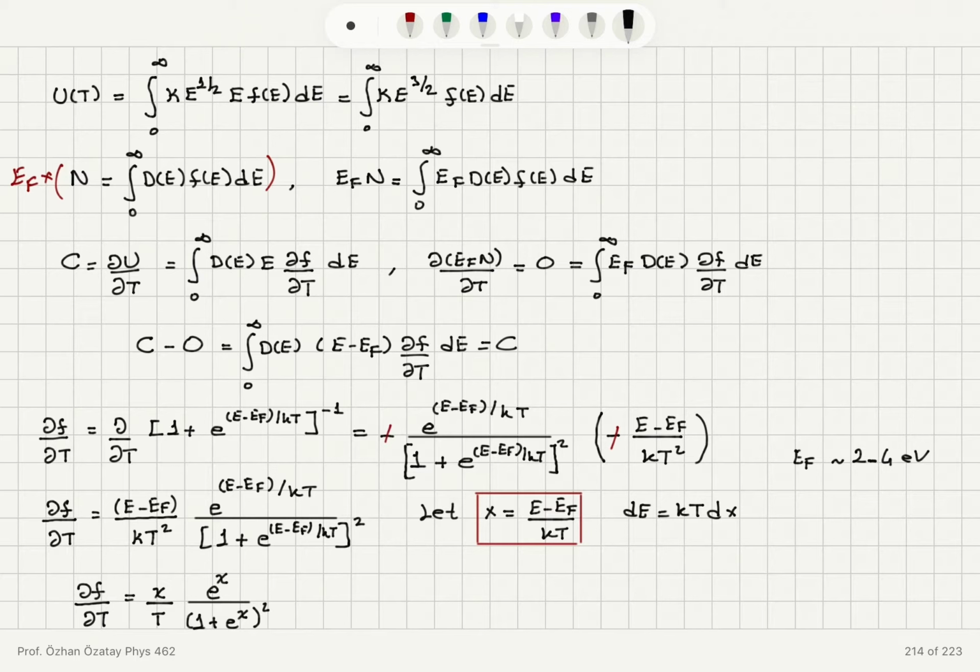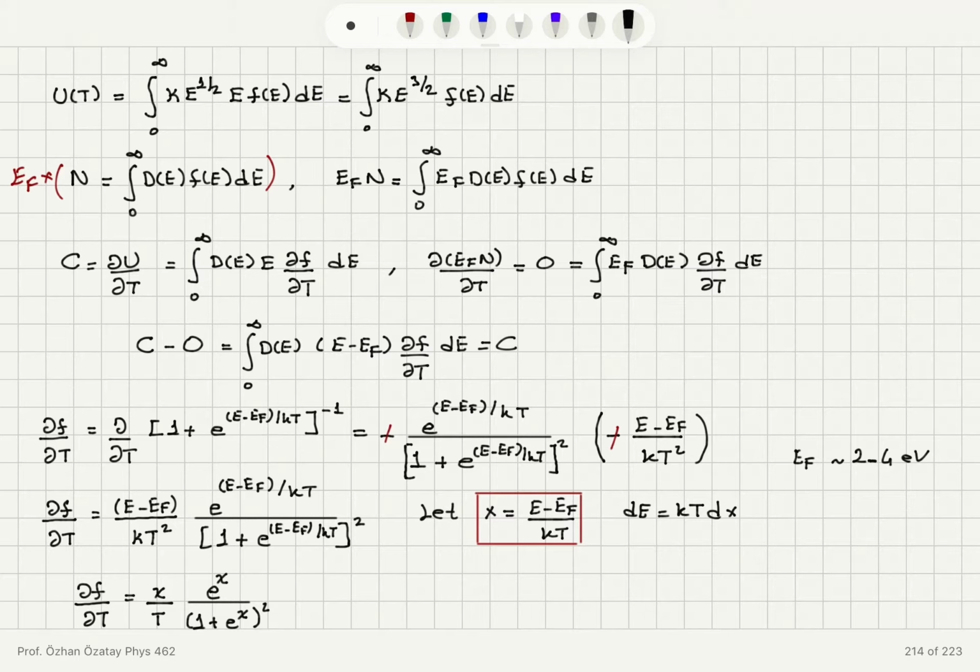You would have E Fermi times the density of states, which is not temperature dependent, times the derivative of the Fermi-Dirac distribution function with respect to temperature, dE. So if I subtract these two integrals, C minus 0 will be the integral from 0 to infinity of the density of states times (E minus E_F) times df/dT dE, and that's going to give us the heat capacity.